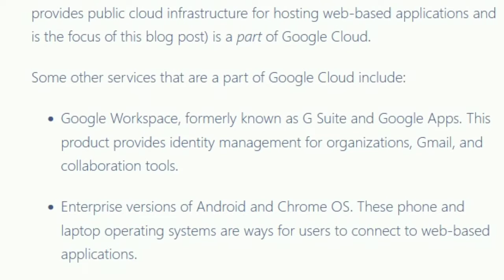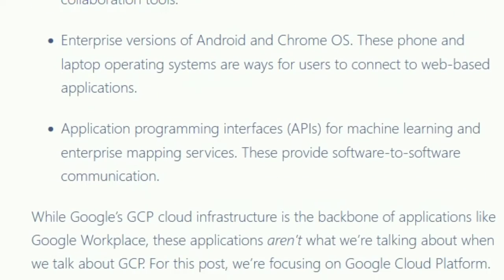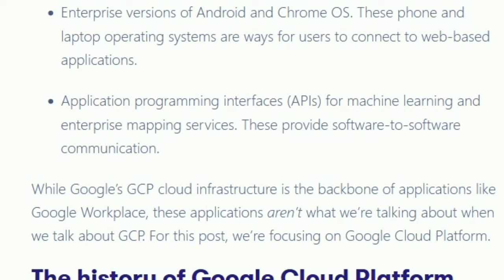These phone and laptop operating systems are ways for users to connect to web-based applications. Number 3, application programming interfaces, APIs, for machine learning and enterprise mapping services. These provide software-to-software communication.